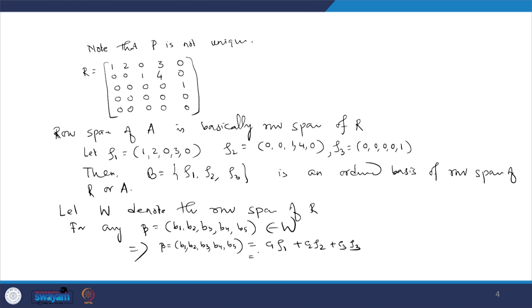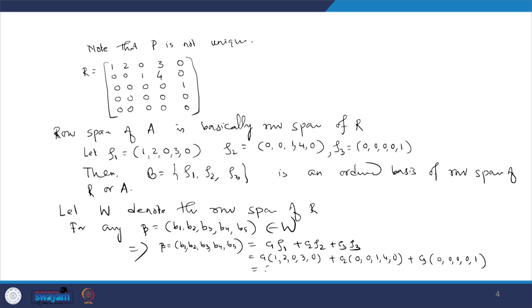This is equal to c1 into 1 2 0 3 0 plus c2 into 0 0 1 4 0 plus c3 into 0 0 0 0 1.